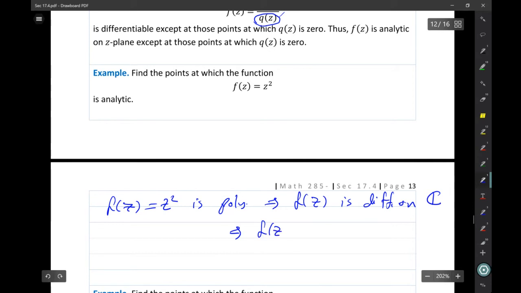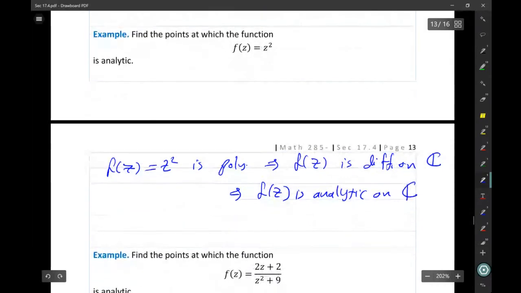Therefore the function f of z is analytic on the whole complex numbers, which means that f of z is an entire function.